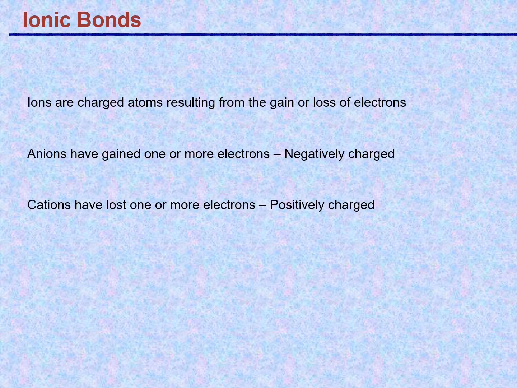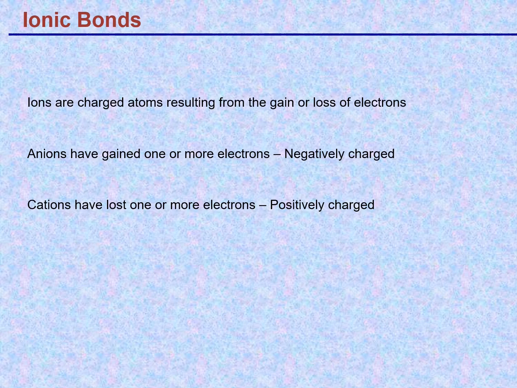Ionic bonds are formed as a result of a gain or loss of electrons, not a sharing, a gain or a loss. If the atom is an anion, it means it's gained one or more electrons. Because electrons are negatively charged, it will therefore be negatively charged.